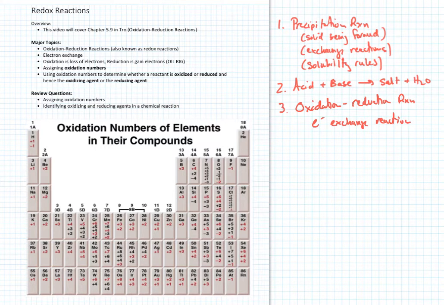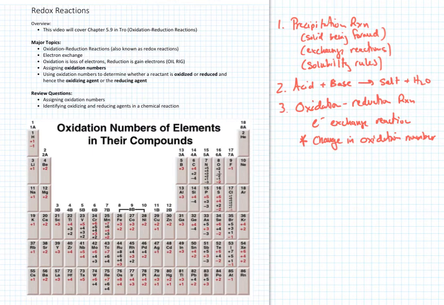The key thing we're looking for is a change in oxidation number. So once I show you how to figure out oxidation numbers, if you can identify a species that has changed in oxidation number, then you are pretty confident that you have an oxidation-reduction reaction. In fact, you do have an oxidation-reduction reaction.